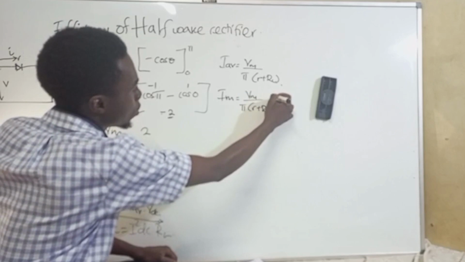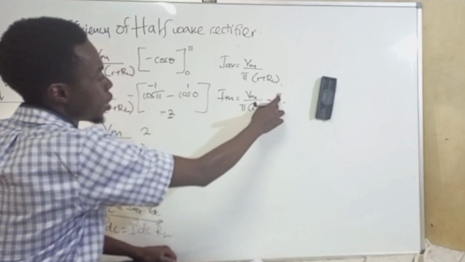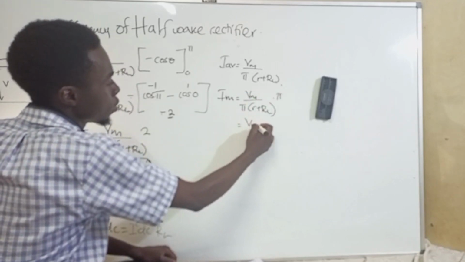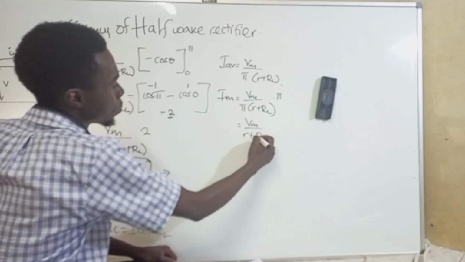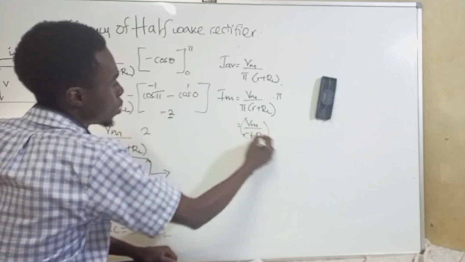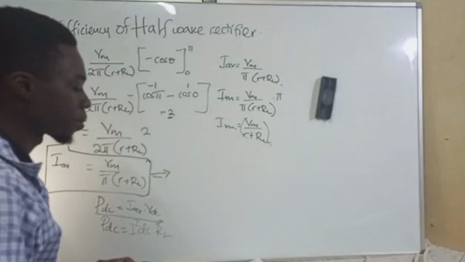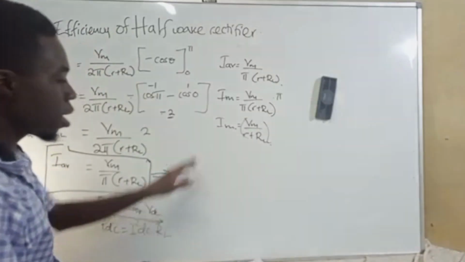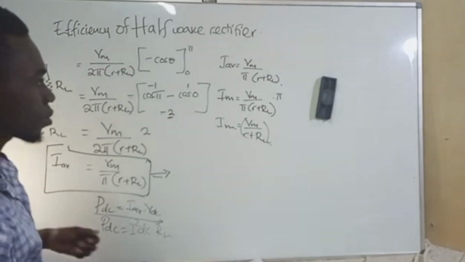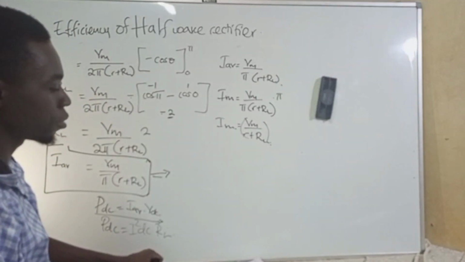But all this multiplied by pi will give us V max over R plus RL. This corresponds to our I maximum.